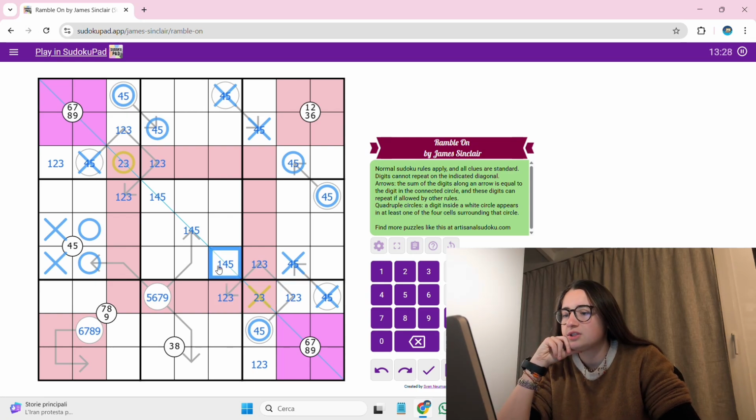This could be 1, 2, 2, and 1. So it could be. Can the 1 be here? I don't see any restriction, because the 4 and 5 are here, so it can be.